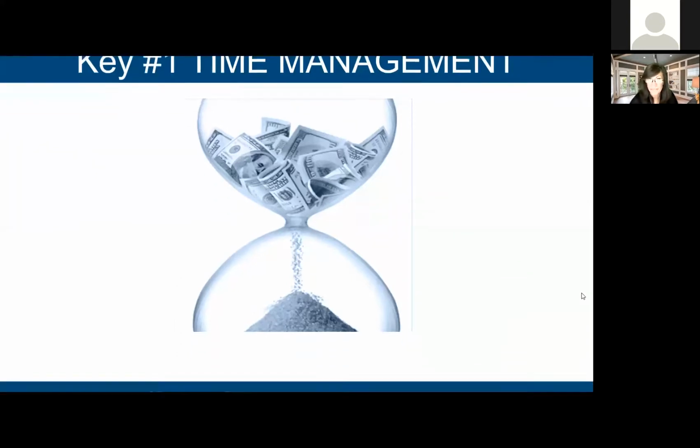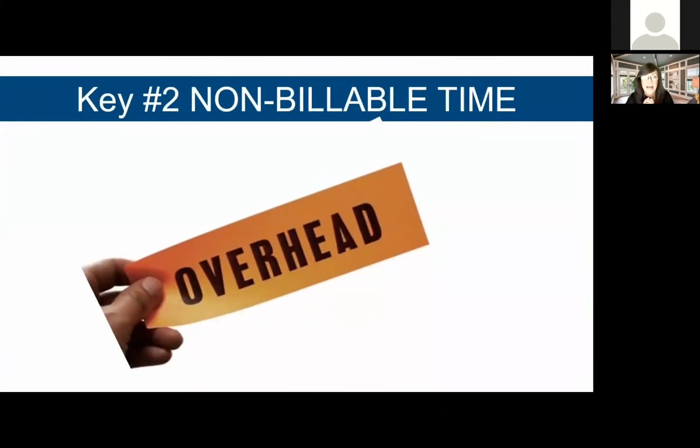All right. Next is how you manage non-billable time. Now, as Leanne mentioned earlier, and I've mentioned, and for those of you who know me or read my book, you know that I am all about profit. If your utilization is low, that means your overhead is high.